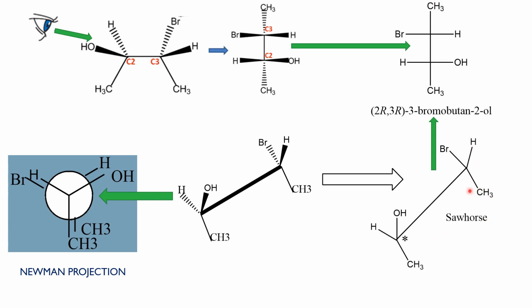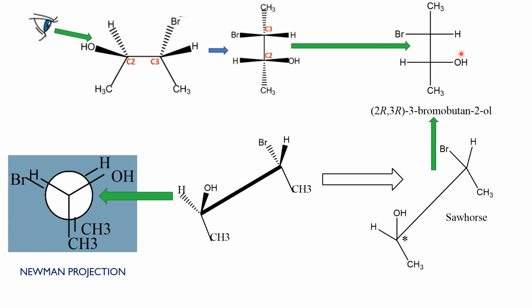The two groups which are going down in the Sawhorse projection are in the vertical line. The groups which are coming up in the Sawhorse projection are kept in the horizontal lines without changing their direction. Hydrogen at the left, OH at the right, bromine at the left, hydrogen at the right. So this is the Fisher projection, and this perspective formula can be converted to the flying wedge like this.